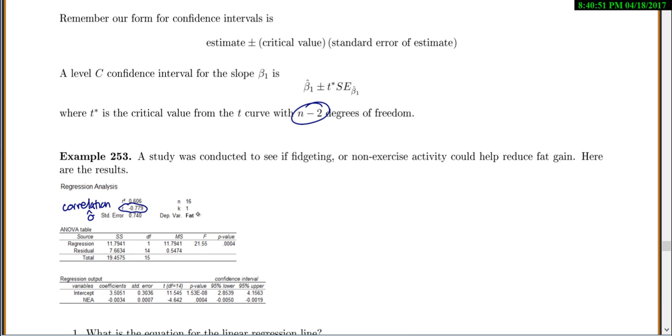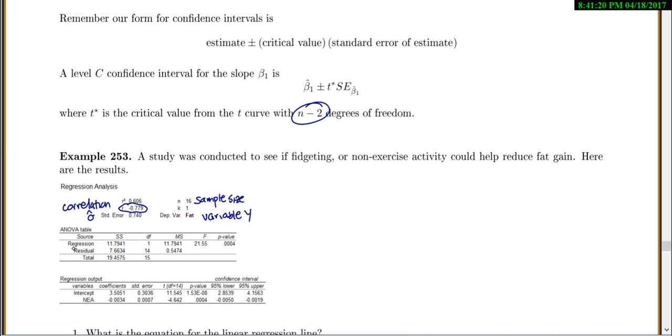Let's see, n tells you your sample size. And dep var is your dependent variable. So this is the variable y. So it tells you that fat is our y variable, because we had a study conducted to see if fidgeting or non-exercise activity could help reduce fat gain.